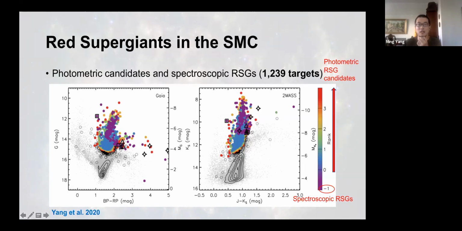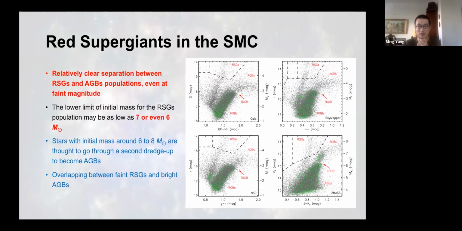The first interesting thing we noticed, this is the zoom-in of the CMD. You can clearly see the population of the red supergiant stars along this branch, the AGB stars here, the RGB population here, and also the tip of the RGB. From the diagrams, we can more or less separate the red supergiant stars from the AGB stars.